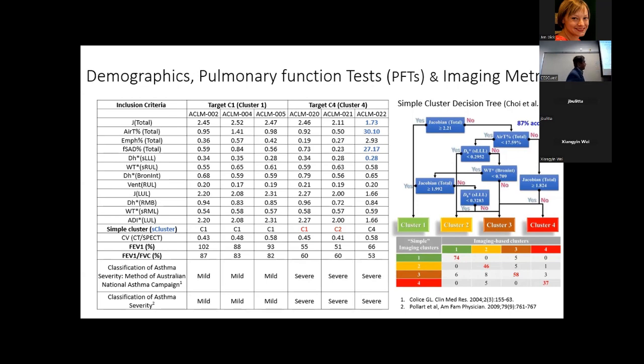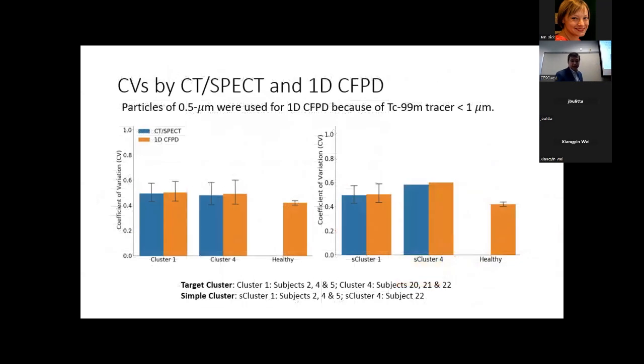Okay. So let's compare CVs between these subjects. If we use target clusters, for instance, target cluster 1 includes subjects 2, 4, 5, and cluster 4 includes subjects 20, 21, 22. And the CVs are essentially the same. We cannot see the difference between the two.